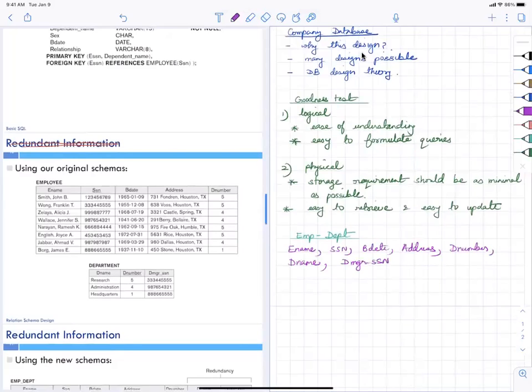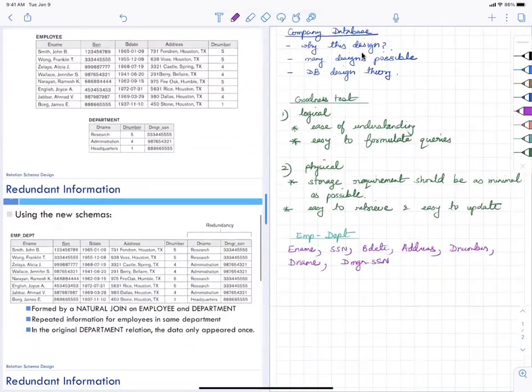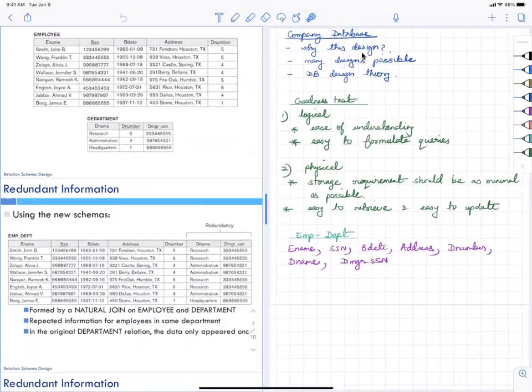So I'm combining the employee table and the department table together. Now, this is the employee department table.